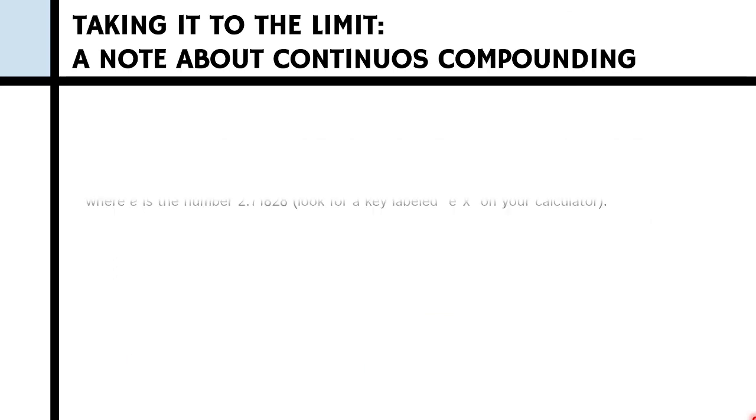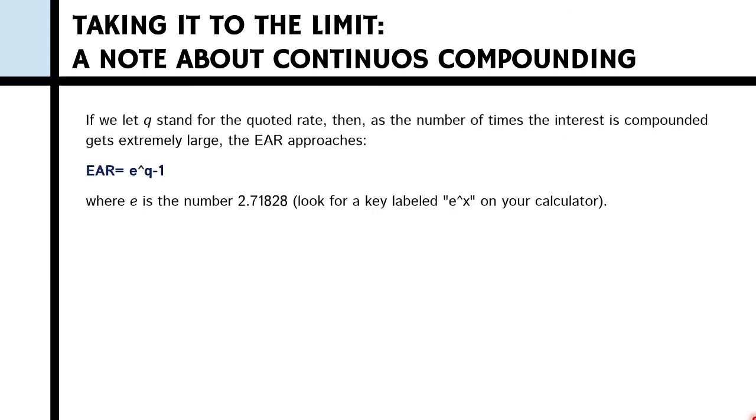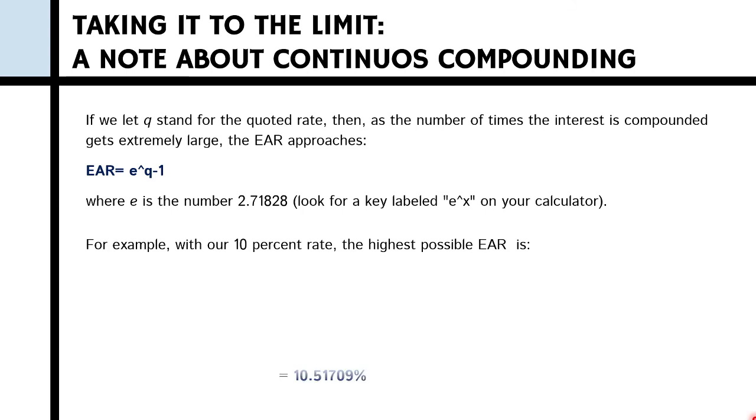If we let Q stand for the quoted rate, then as the number of times the interest rate is compounded gets extremely large, the EAR approaches EAR = e raised to Q, minus 1, where e is the number 2.71828, or look for a key labeled e raised to x on your calculator. For example, with our 10% rate, the highest possible EAR is 10.51709%. In this case, we say that the money is continuously or instantaneously compounded.